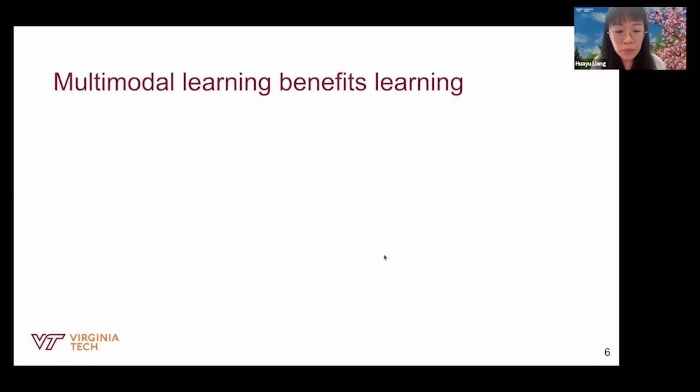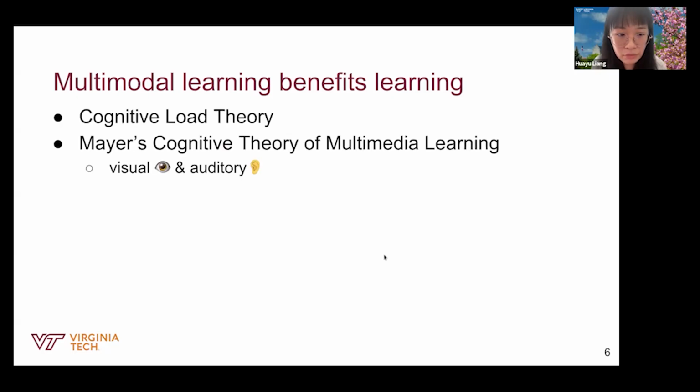We argue that multimodal learning can benefit the learning process, based on the following theories. Cognitive load theory points out that learning tends to break down when information becomes overloaded due to our limited working memory. Besides, Mayer's cognitive theory of multimedia learning shows that we can learn more effectively through appropriate visual and auditory aids.